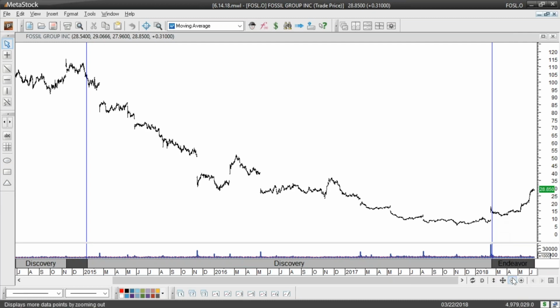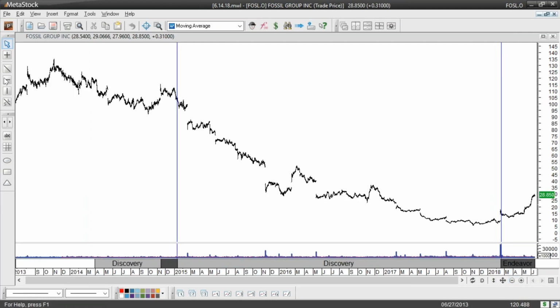Now this stock has a long ways to go to make it back up to its high. Again, I'll use round numbers. Let's call it 130, even though it did move a little higher. This is the kind of stock that you want to look to for your long-term movements. Not something that is cheaper and at a lower price, but has no opportunity to move up.